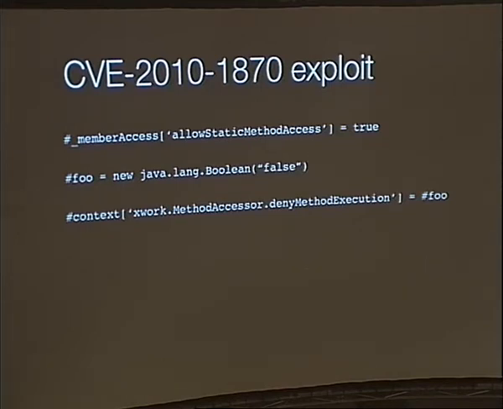So the way we bypass it is by using awesome features of OGNL, such as arbitrary object construction and context variables. We construct Boolean class, assign it to foo, and since it represents false, assign that to the attribute, and cast checks pass immediately. Next, we simply obtain runtime and call runtime.exec, and you effectively execute operating system commands.